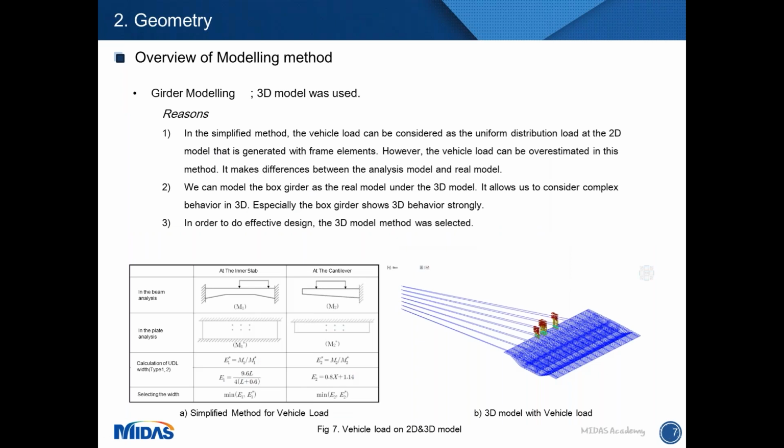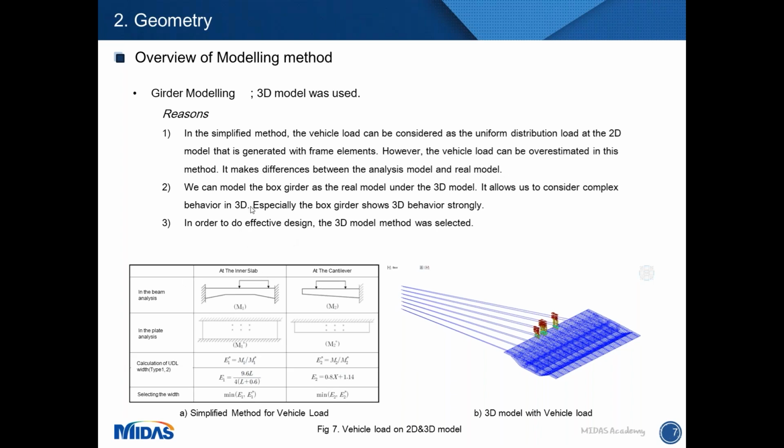So I selected a 3D model with plate elements for the transverse analysis. Here is the reason for that. First one, the vehicle load in a 2D model should be replaced by a distributed load on the upper slab. This is known to be possibly overestimated.